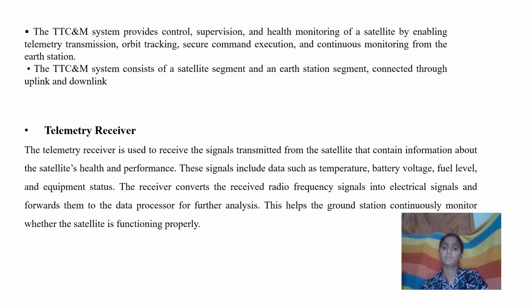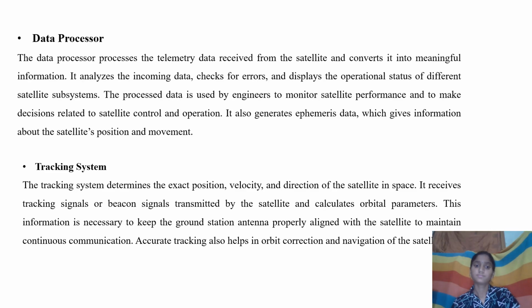All this information coming from the satellite is received by the telemetry receiver and sent to the data processor. The data processor processes the telemetry data received from the satellite. The data received from the satellite is not understandable to humans, so the data processor converts the received signals into an understandable way, maybe graphs or meaningful information.